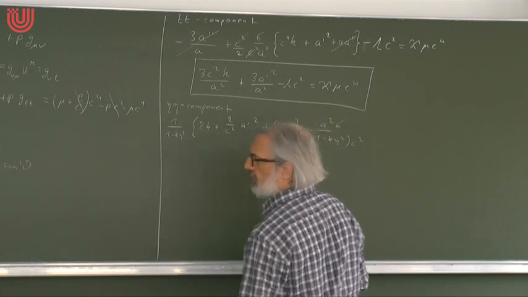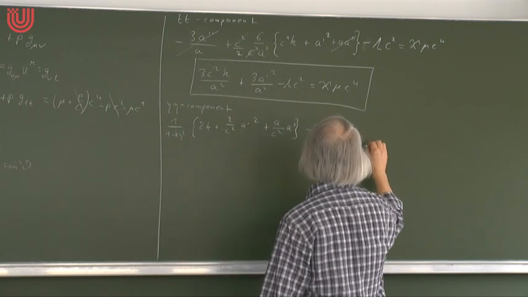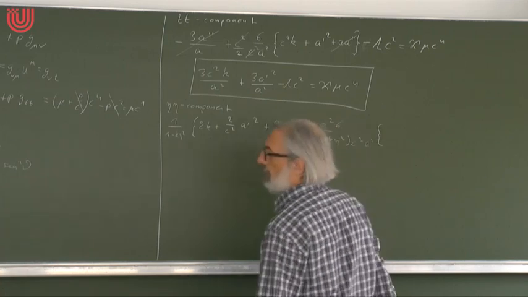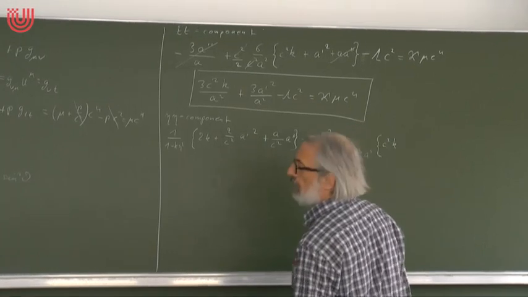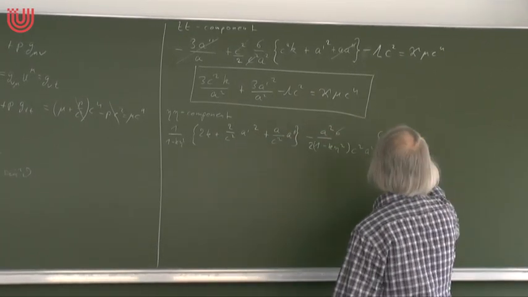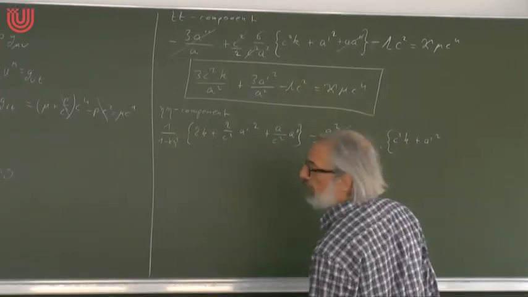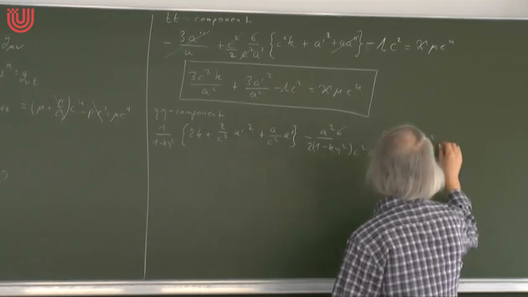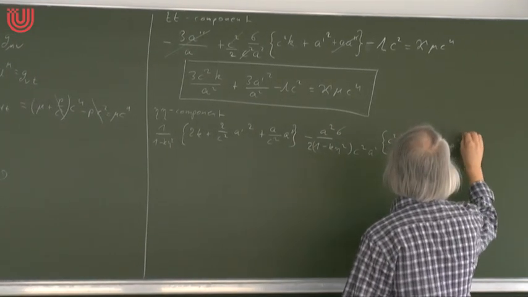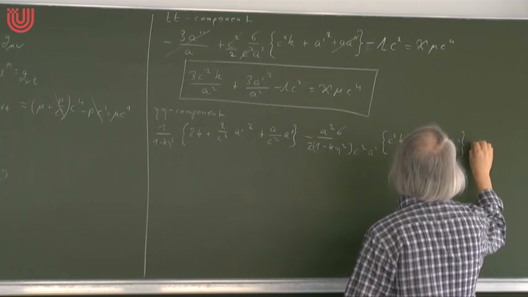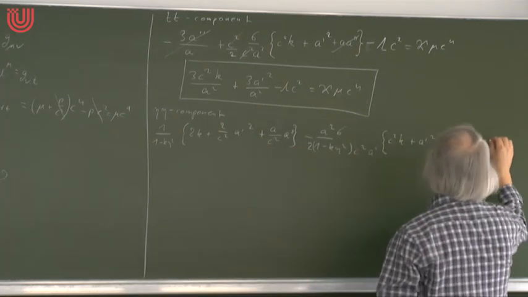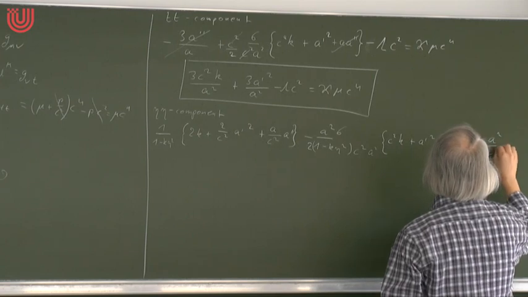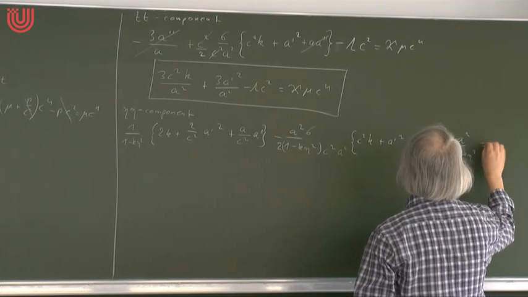6 over c squared a squared, c squared k plus a prime squared plus a double prime. And then I have plus lambda g eta. G eta is a squared over 1 minus k eta squared.